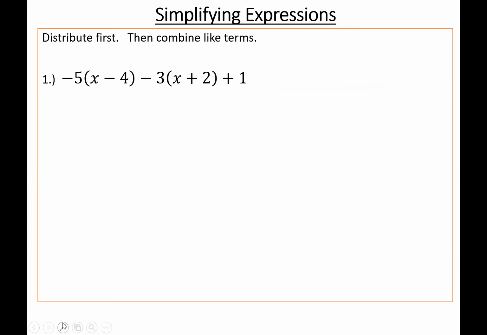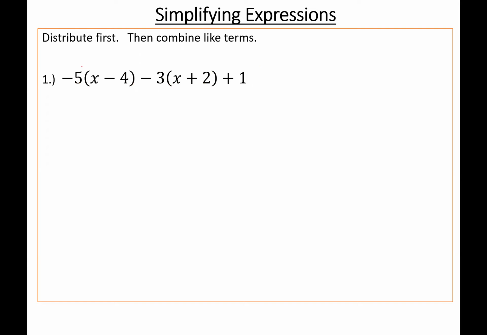Okay, so anywhere you see parentheses, if there's a number in front of the parentheses, we will start by distributing that. So let's start with this -5. Here's the full problem. -5, parentheses, x minus 4, close parentheses, minus 3, parentheses, x plus 2, close parentheses, plus 1.